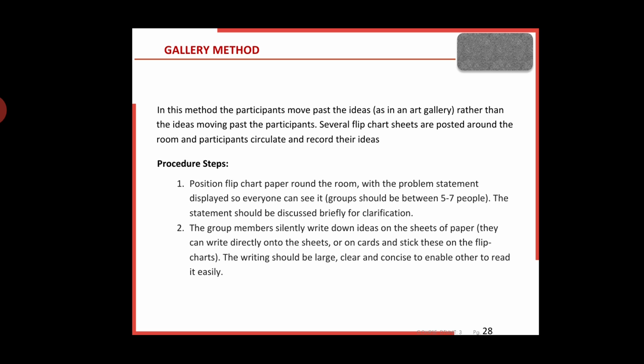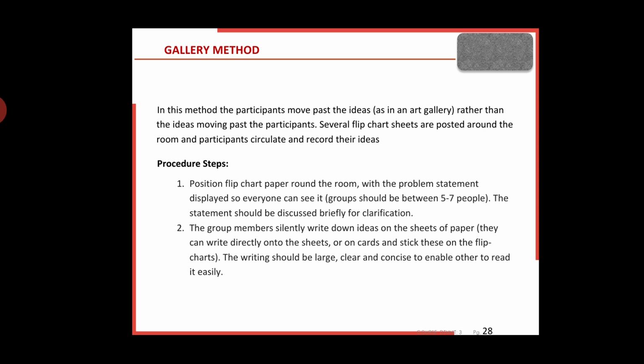The group members write down their ideas on a sheet of paper. The writing should be large, clear, and concise to enable others to read it easily.